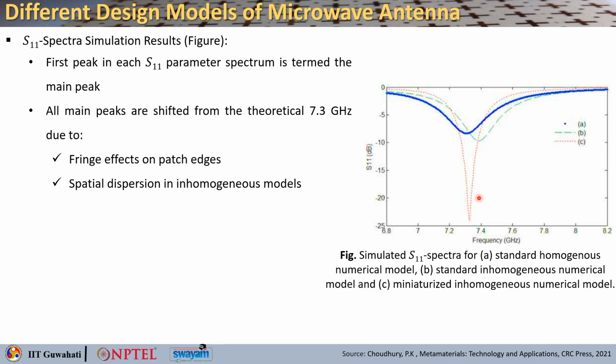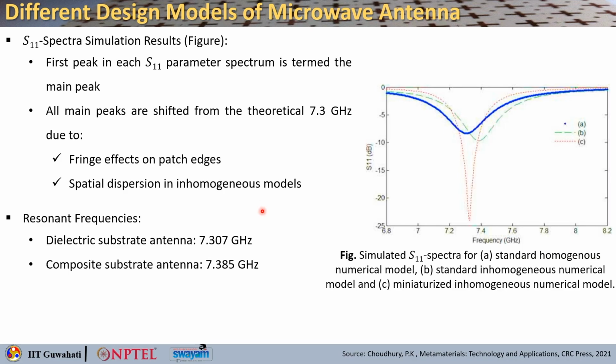It basically comes from the effect that there is this fringe effect on the patch edges which is not accounted for. Also, there is spatial dispersion in the case of homogeneous models. Indeed, the numerical model with the dielectric substrate resonates at 7.307 gigahertz and the composite substrate resonates at 7.385 gigahertz. Theoretically they were supposed to be close to 7.3 gigahertz.